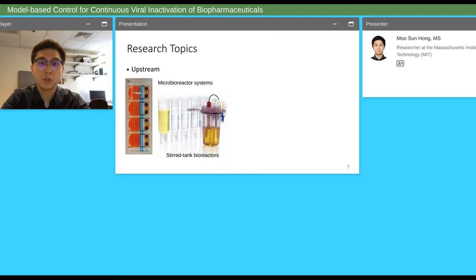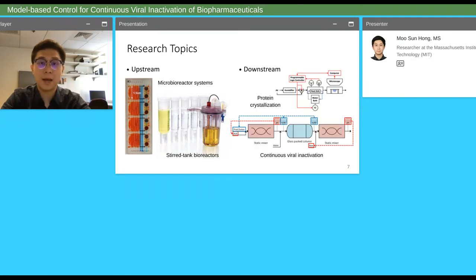My research applies modern systems engineering tools to develop advanced biomanufacturing systems. For upstream, I derive mechanistic mathematical models and optimal control methods for multiple bioreactor configurations, including microreactor systems and stirred-tank bioreactors. And for downstream, I designed and implemented laboratory systems for protein crystallization and continuous viral inactivation.